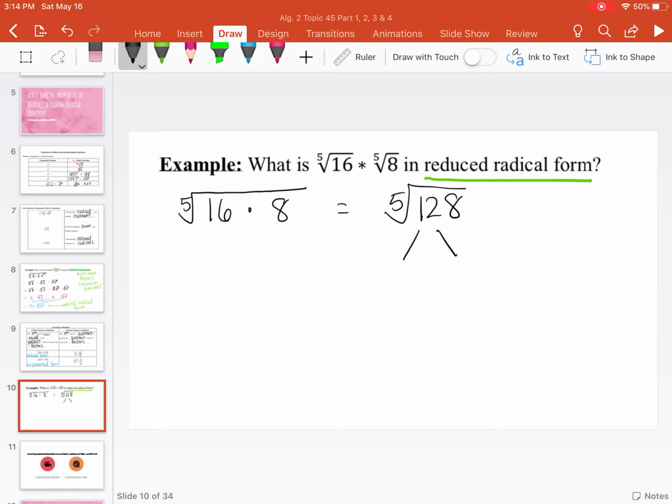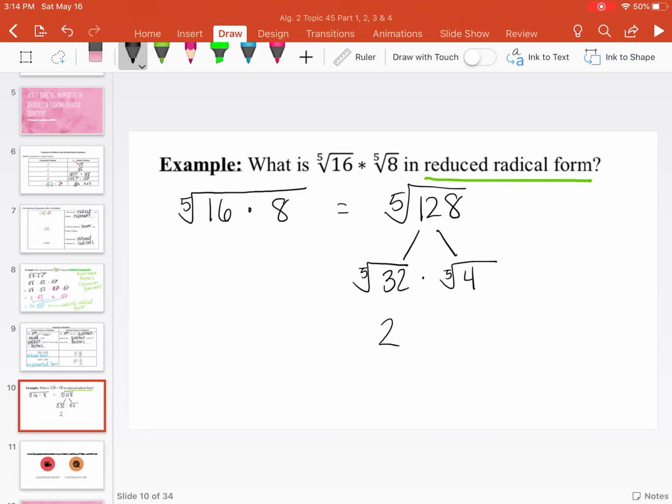Now 128 I can think about as 32 times 4. So the fifth root of 128 is the same thing as the fifth root of 32 times the fifth root of 4. Now the fifth root of 32, that's a number to the fifth power gives me 32, which in this case is 2.